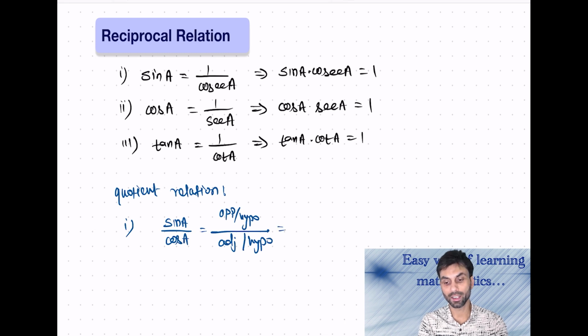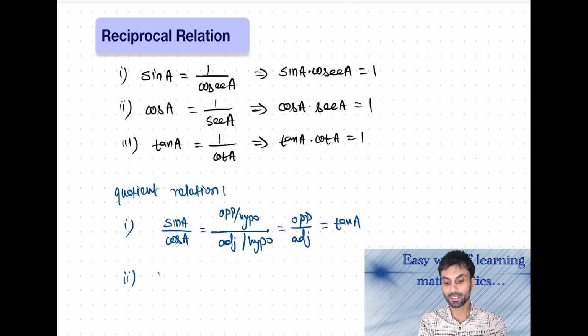When you cancel it, you will get opposite upon adjacent, which can be written as tan of angle A. So that means tan A, we can write it as sine A upon cos A, or sine A upon cos A, we can write it as tan A as per our requirement.